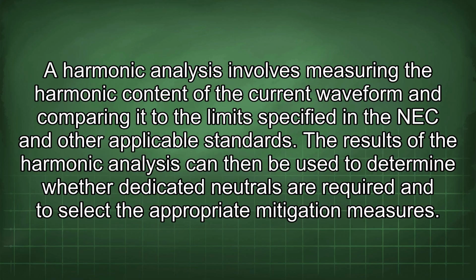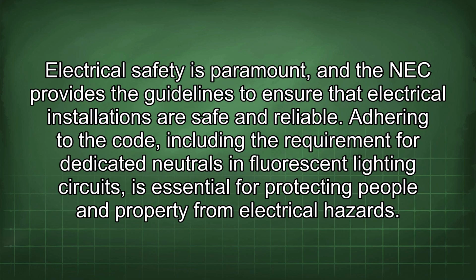The results of the harmonic analysis can then be used to determine whether dedicated neutrals are required and to select the appropriate mitigation measures. Electrical safety is paramount, and the NEC provides the guidelines to ensure that electrical installations are safe and reliable. Adhering to the code, including the requirement for dedicated neutrals in fluorescent lighting circuits, is essential for protecting people and property from electrical hazards.